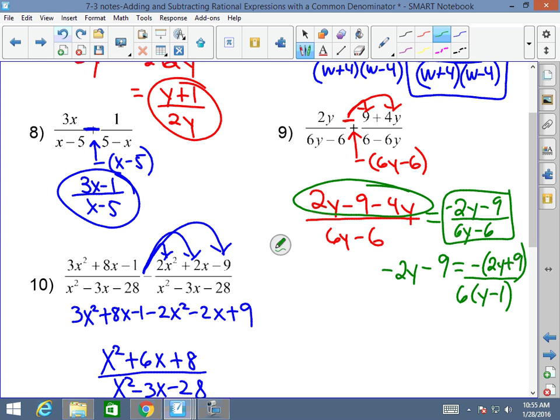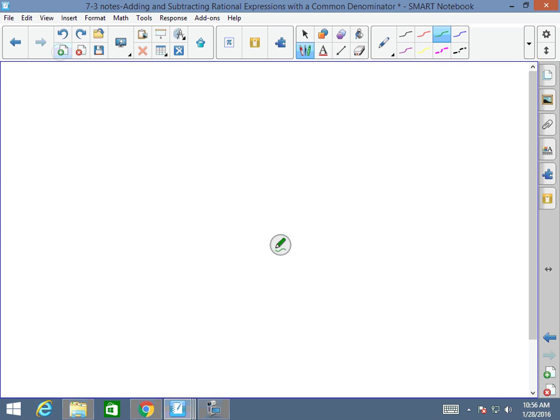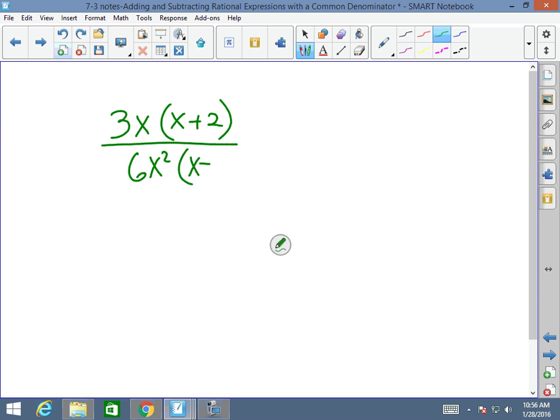What do I mean by a monomial? Guys, I hope you know what monomials are. If I had, for example, 3x times x plus 2 over 6x squared times x minus 5, this is a whole different ball of wax. That's a monomial. We can cancel out monomials.